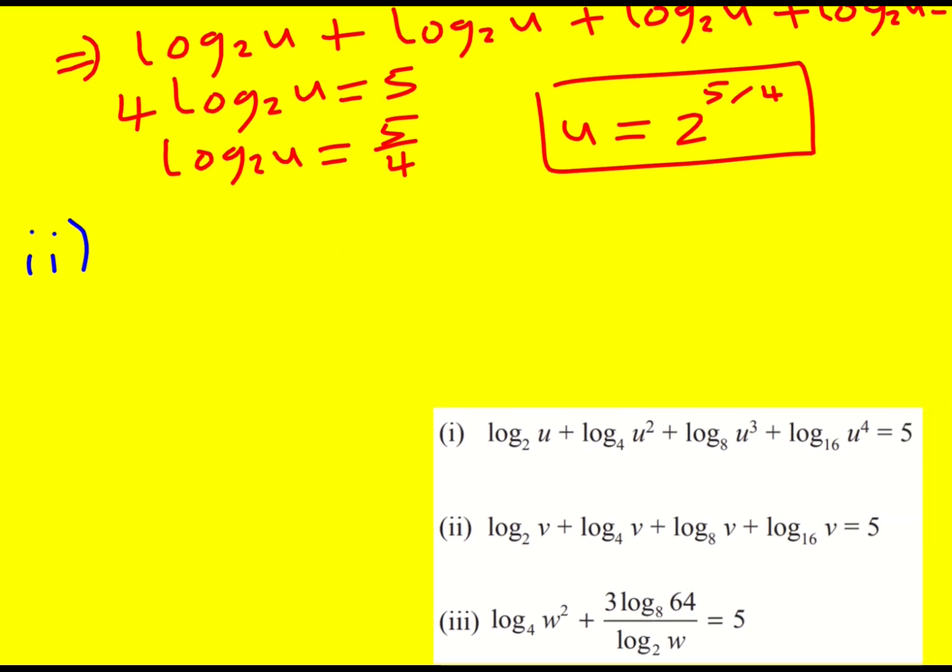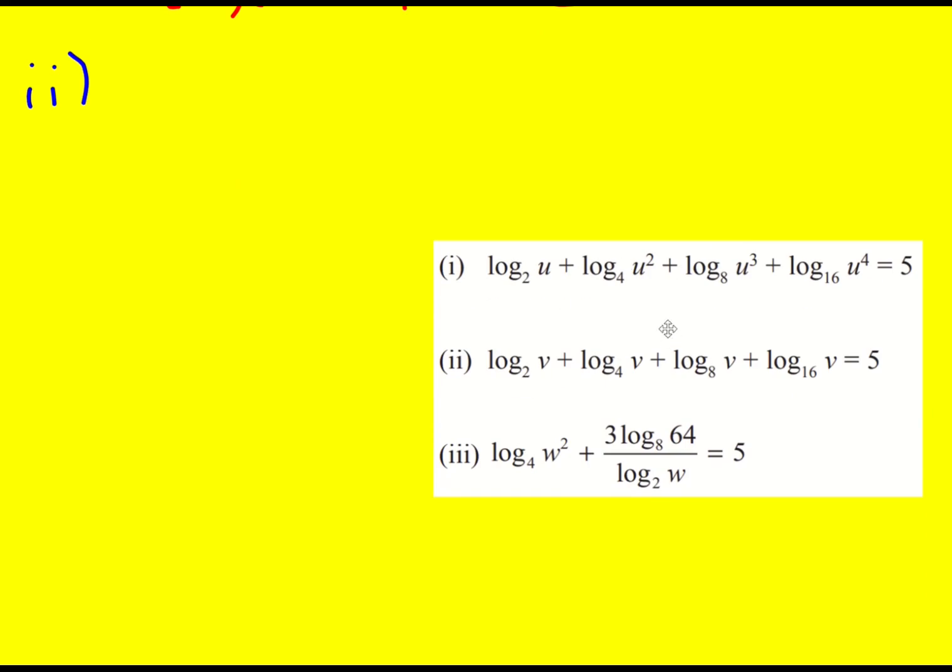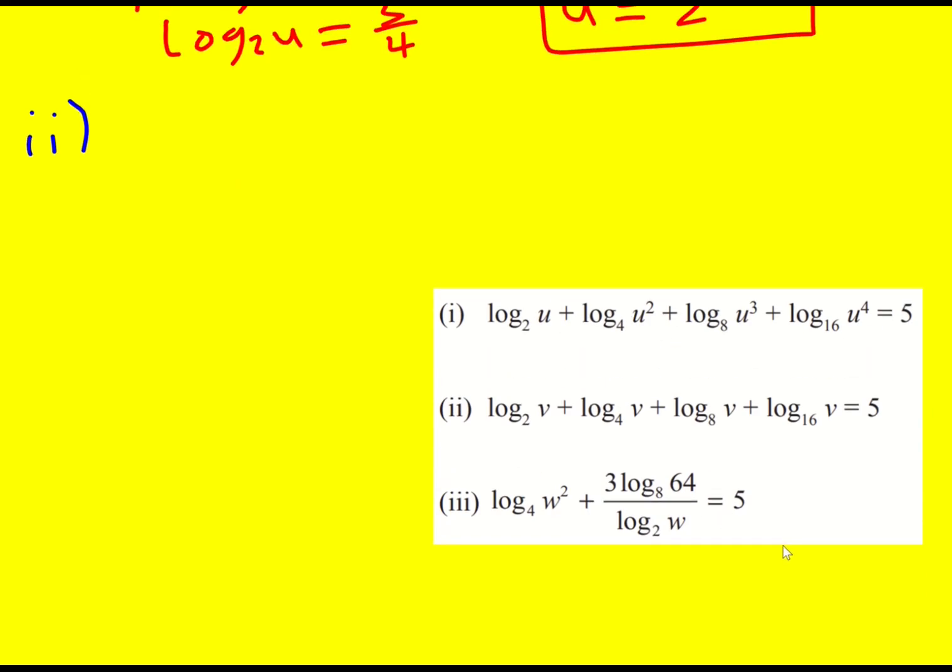Okay, this time we don't have u squared and so on, but we can still get around it. We can just think, how could we write this as, say, v squared? Well, it would be v to the half all squared. So that's how I'm going to go about it.